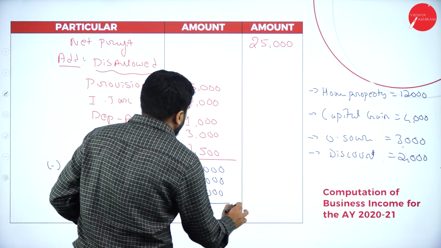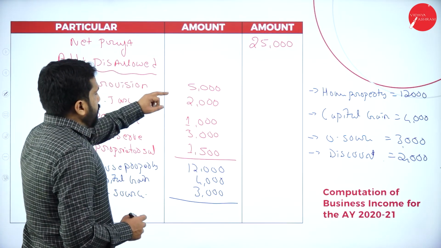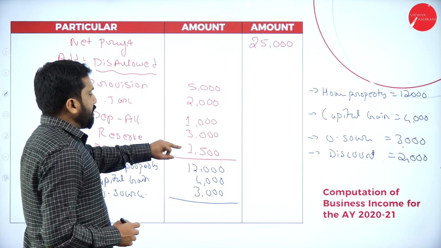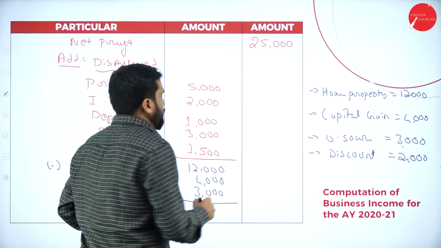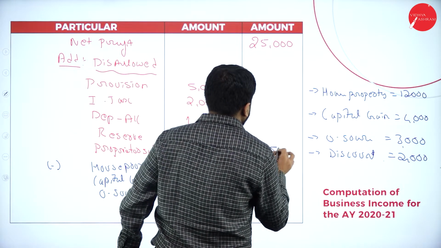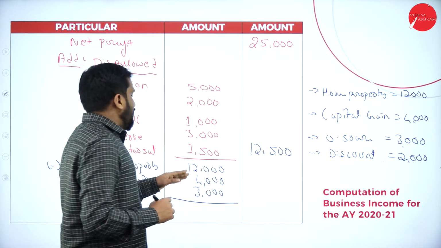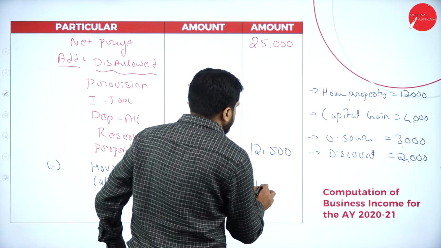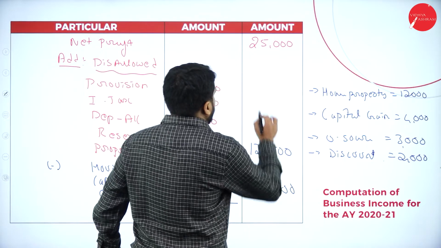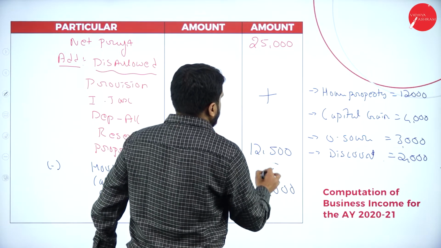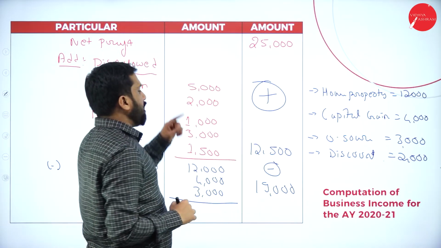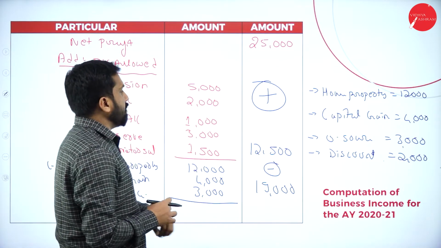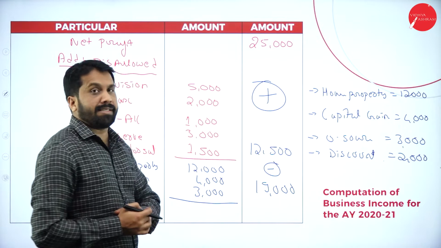Now, what is the total actually? 5 plus 2, 7. 7 plus 1, 8. 8 plus 3, 11. 11 plus 1.5, it will be 12,500. And 12 plus 4, 16 plus 3, 19,000. The format is add and minus. 25,000 plus 12,500, 37,500. 37,500 minus 19,000.